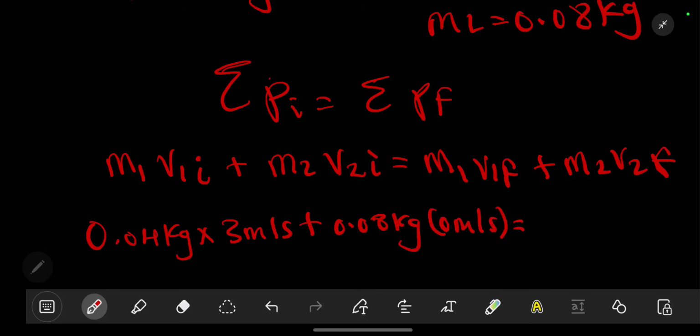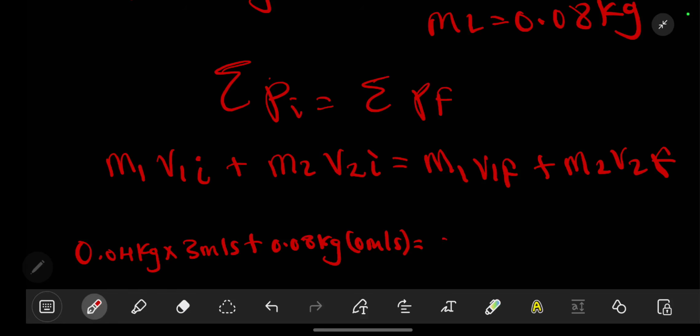This should be equal to 0.04 times the final velocity, which we don't know, plus 0.08 times the final velocity for number 2, which we don't know.